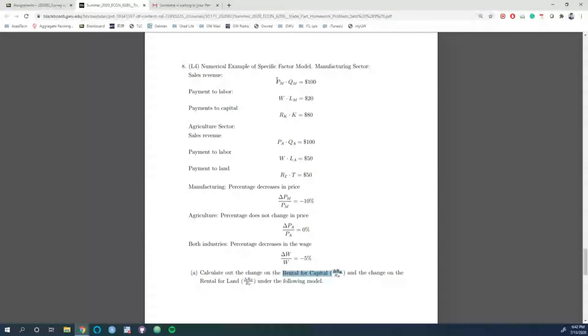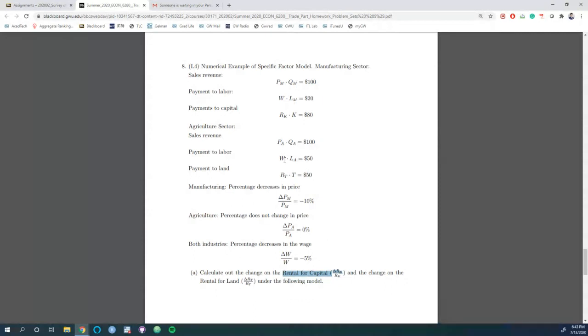We have the sales revenue in the manufacturing sector, and I also have the sales revenue in the agricultural sector. And since I only have 2 production inputs, that means if I'm the firm, I only have 2 costs, right? So one is labor and one is capital in the manufacturing sector.